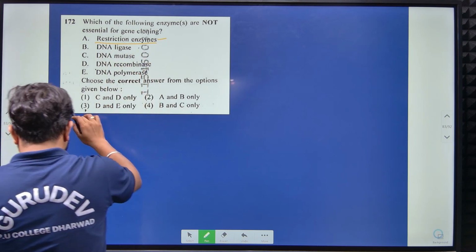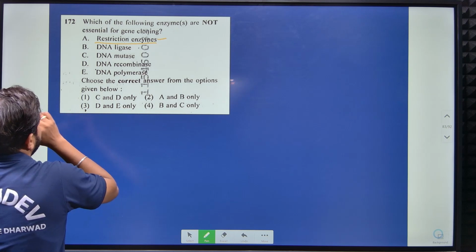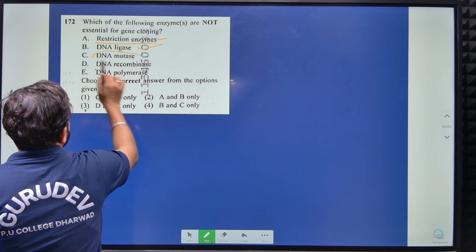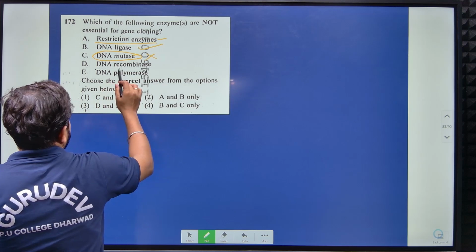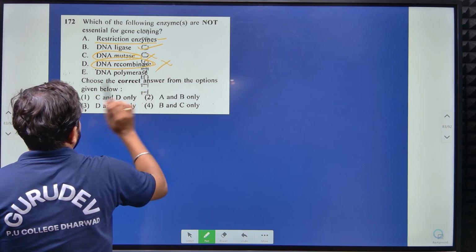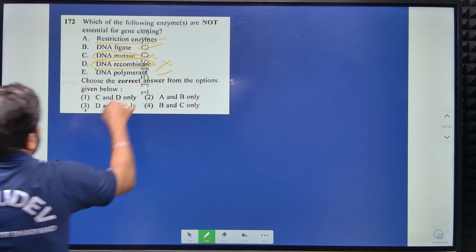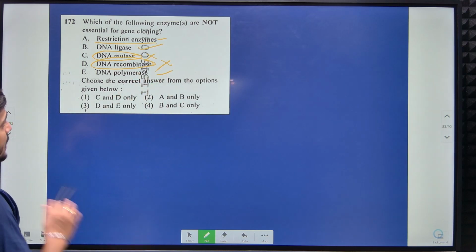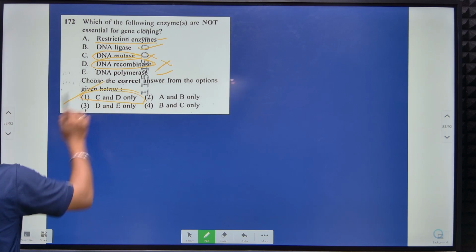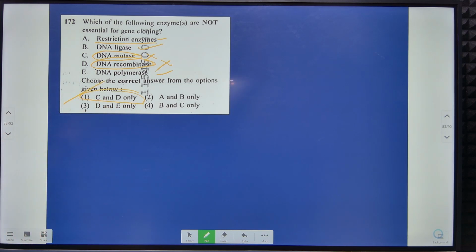DNA ligase is required, DNA mutase is not required, right? DNA recombinase, even that is not required. DNA polymerase, yes, it is required. So which is not essential, here options C and D only, that is option 1 is correct, right?